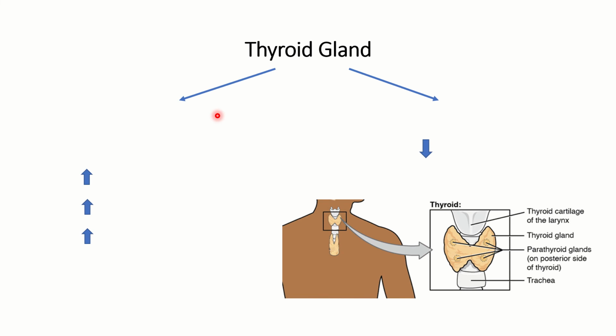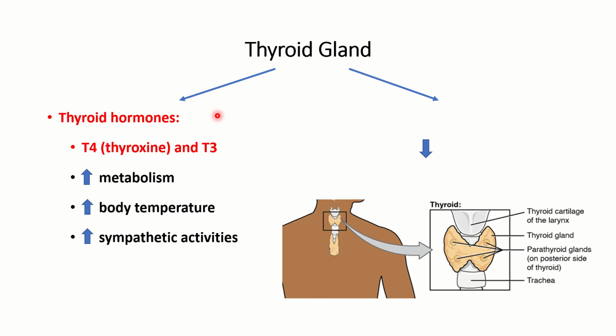The thyroid gland has two different types of hormones. The first one is called thyroid hormones. Also T4, or thyroxine, and when T4 goes to the periphery, it loses one of the iodides and becomes T3, and it is important for increasing metabolism. So during childhood and during adulthood it is very important.